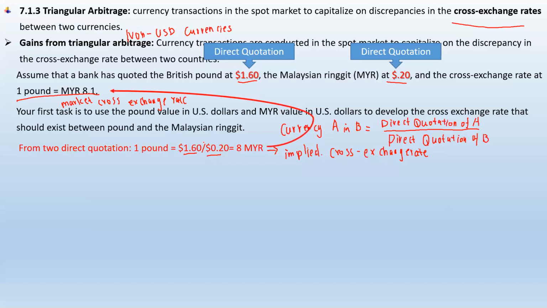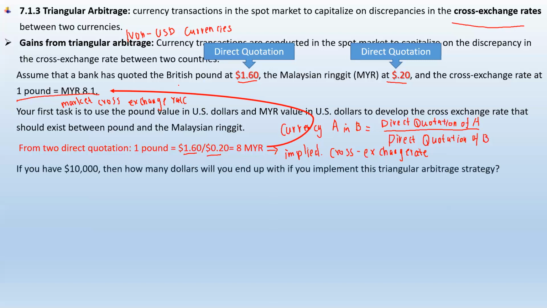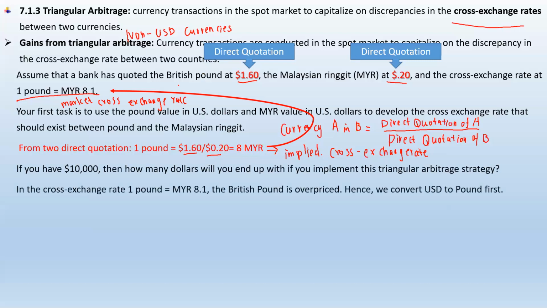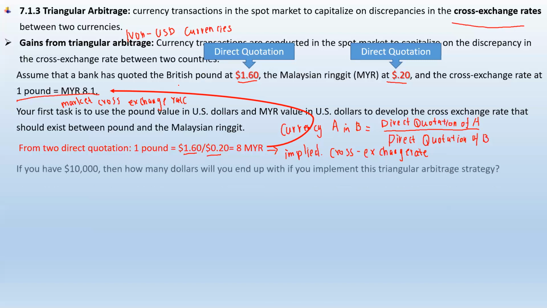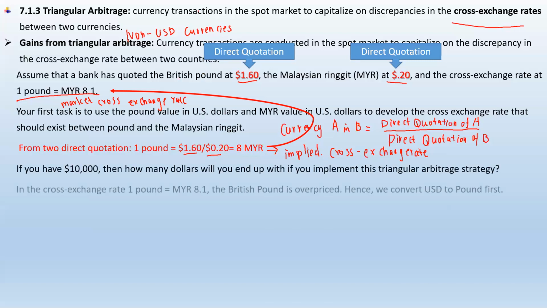We compare this implied cross exchange rate with this market cross exchange rate. We found that compared to the implied cross exchange rate, the British pound is overpriced in the market.